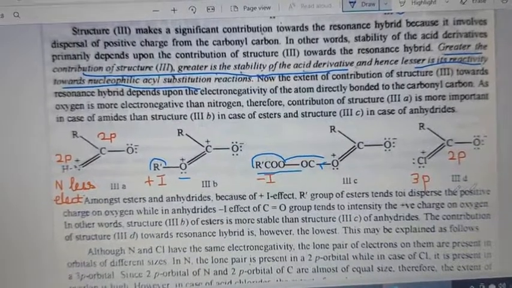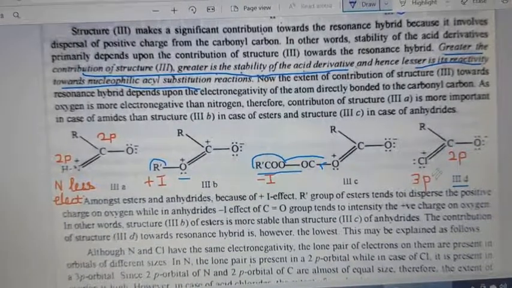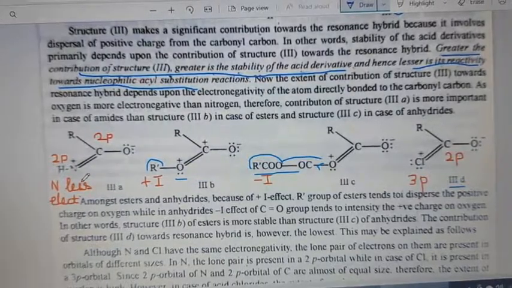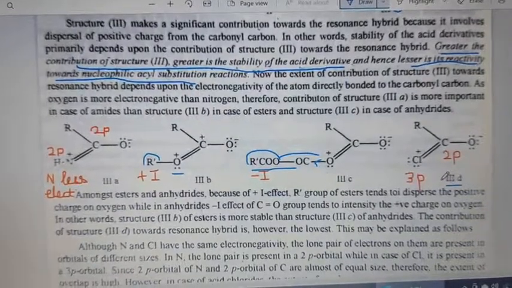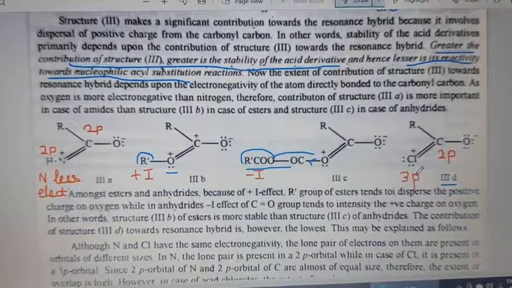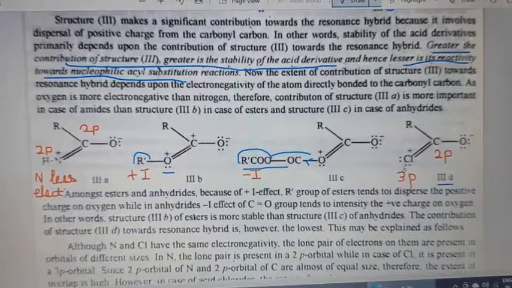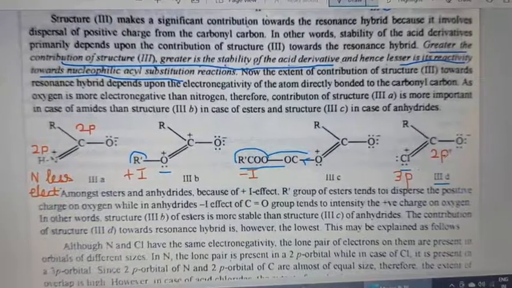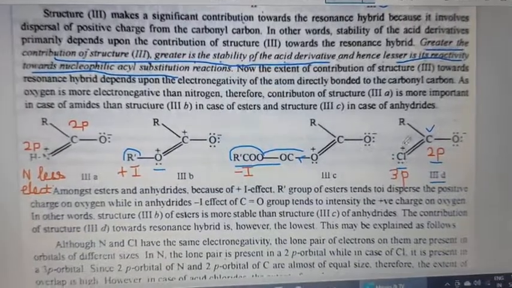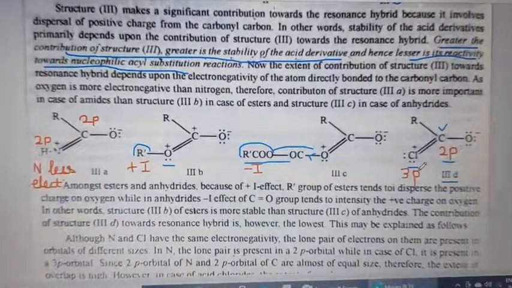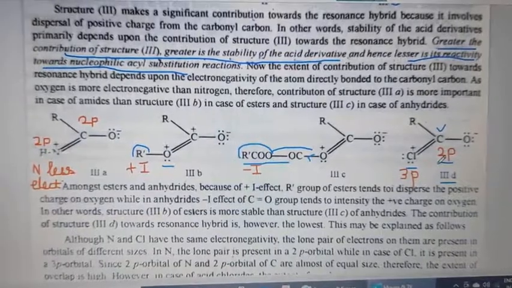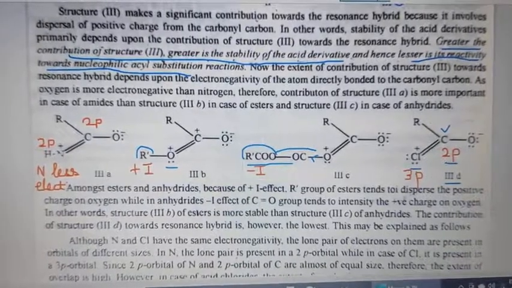In case of acid chlorides, no doubt the electronegativity of chlorine is almost similar to the electronegativity of nitrogen. But in this case, the atomic size difference matters because in chlorine, the lone pair is present in 3p orbitals, but carbon has 2p orbital. So overlapping of 3p orbital of chlorine with 2p orbital of carbon is less possible because of the size difference of orbitals.